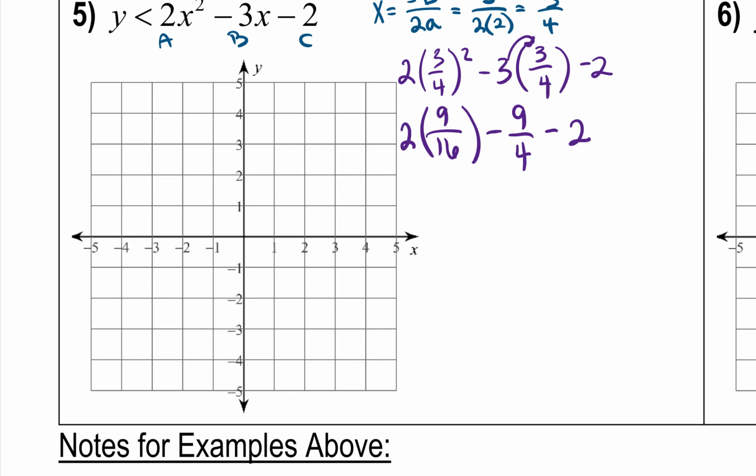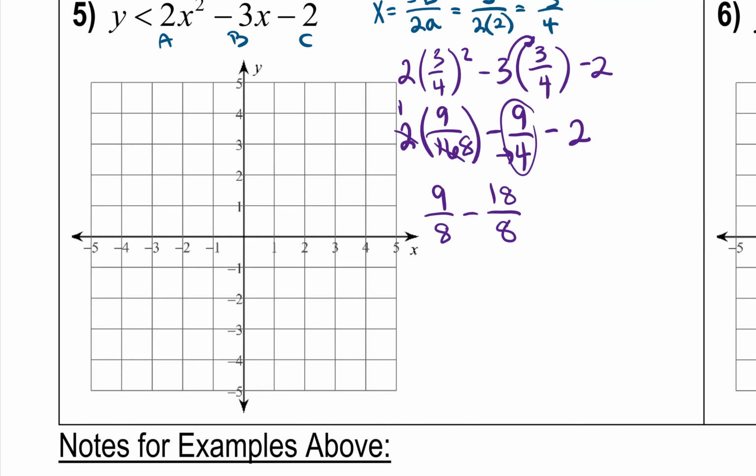Now eventually I got to get all these to be fractions over the same number. So let's go ahead and reduce the first one right here. 2 and 16 can reduce to 1 and 8. So in this first number I now have 9 over 8. So 8 is my denominator that I have to get the rest of them to be. So on this one, to make 4 into 8, I would multiply by 2. So I multiply 9 by 2 and I get 18 over 8.